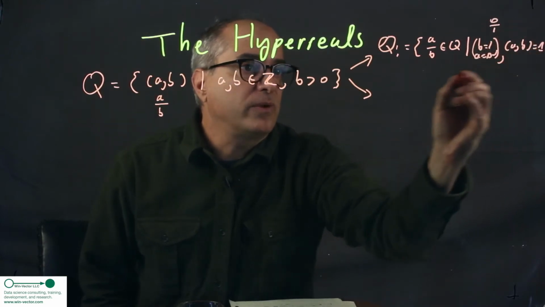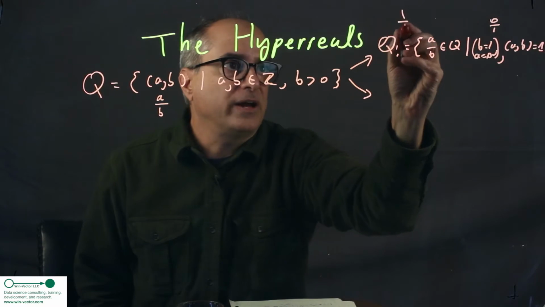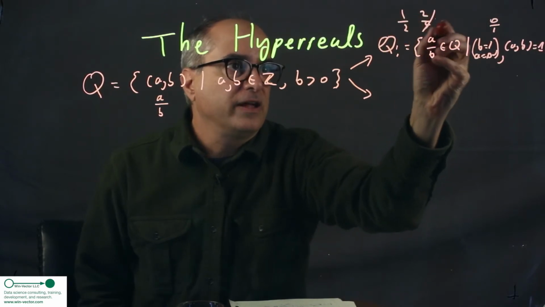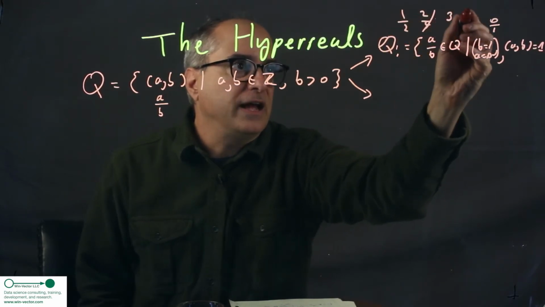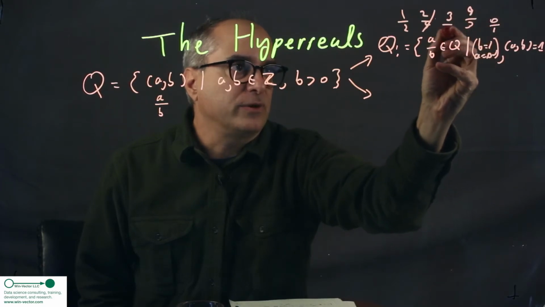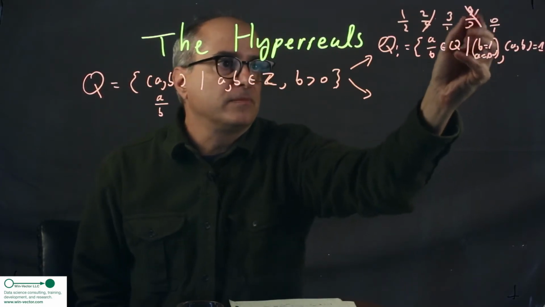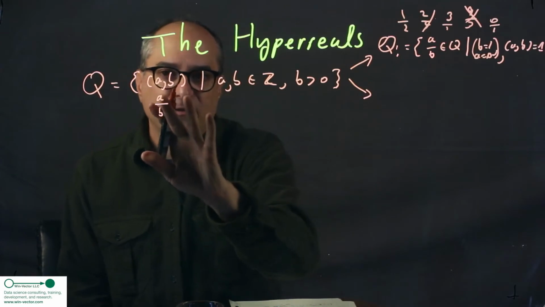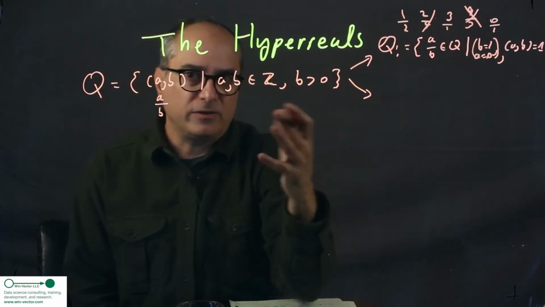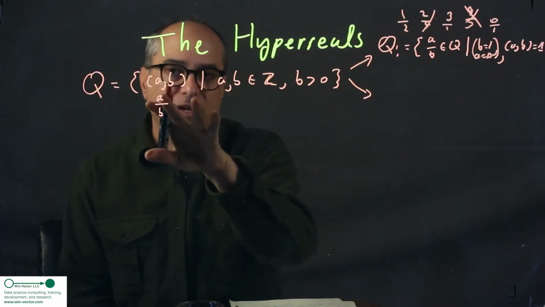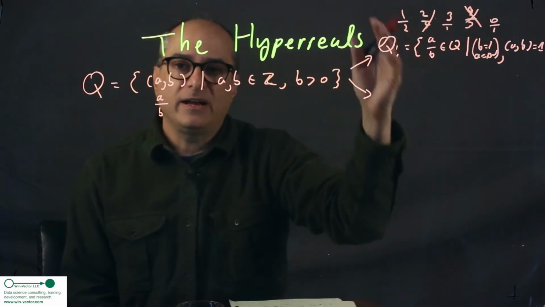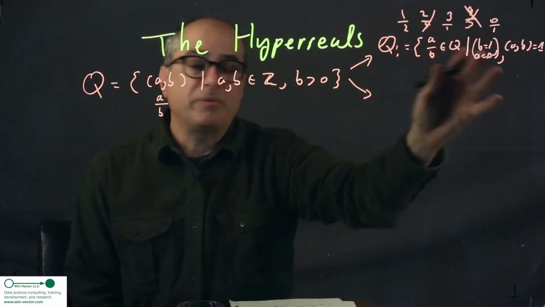It's basically saying we're not writing things redundantly. We're not writing 1/2 as 2/4, and we're not writing 3 as 9/3. We write it as 3/1. So what we've done is take the redundancy, that a fraction has multiple representations as different pairs, and pick a favored pair to represent it.